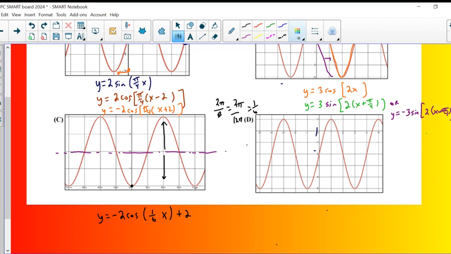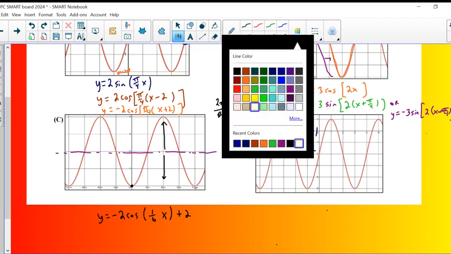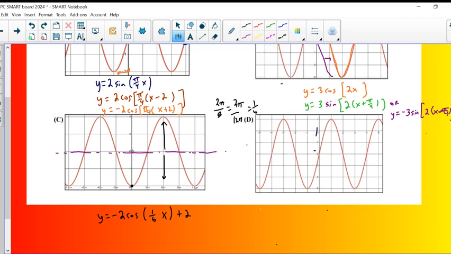And if you see this as a sine function, remember sine starts there, and the sine wave would have been shifted to the right by 3 pi. So I could say y equals 2 sine of, it's still going to be 1/6, and it'll be x minus 3 pi, plus 2.